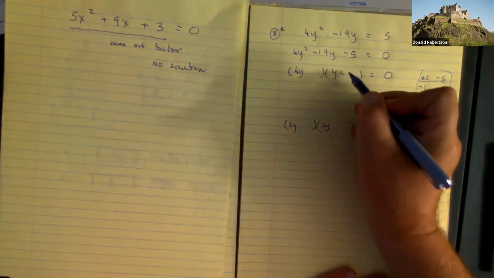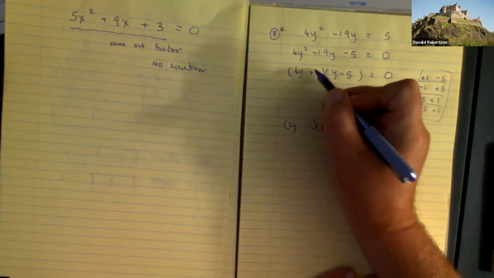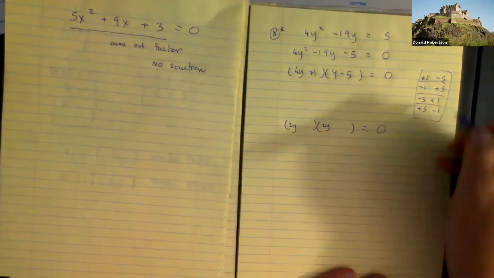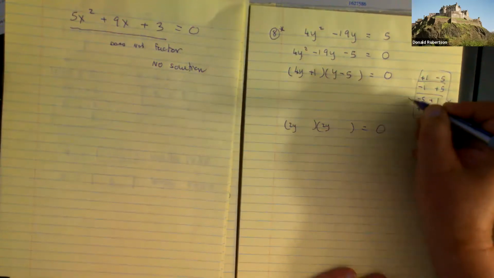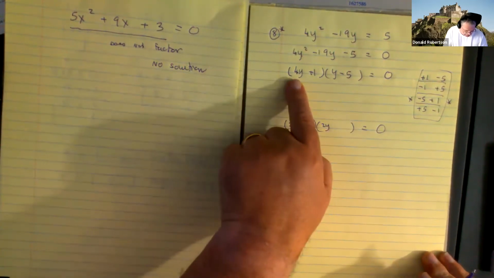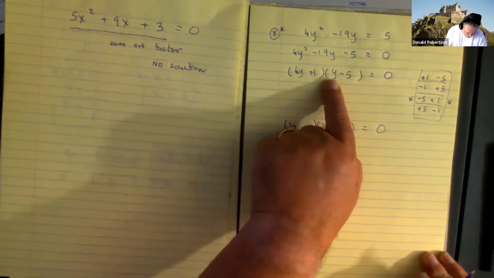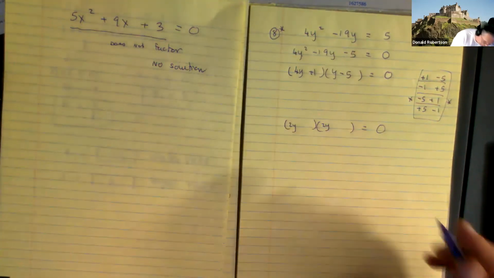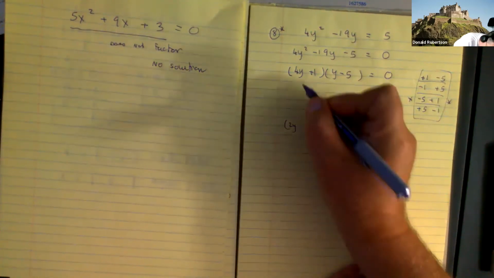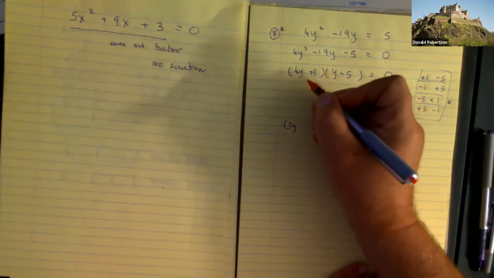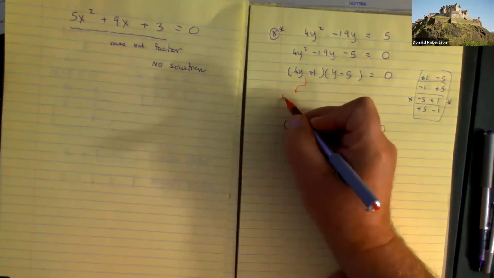And I'm picking -5 here and +1 here. So that's this one here that I've picked. Let's check it out. 4y times -5 is -20. -20 plus 1 gives you -19y. I know that is the one that's going to work. So I can now solve the question.